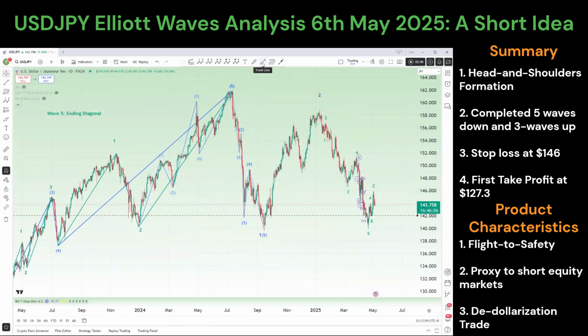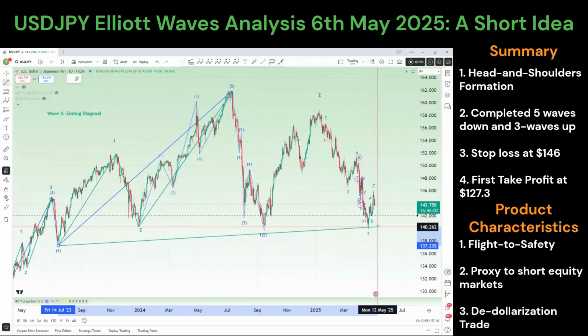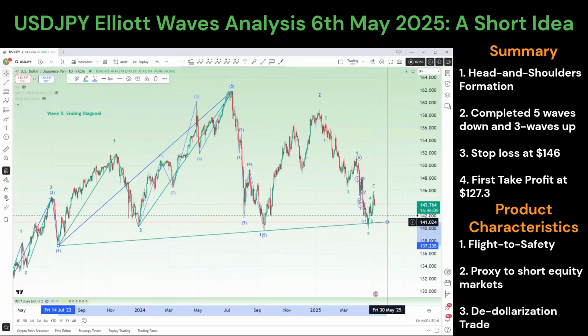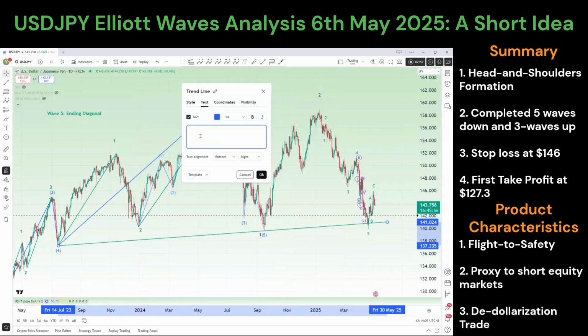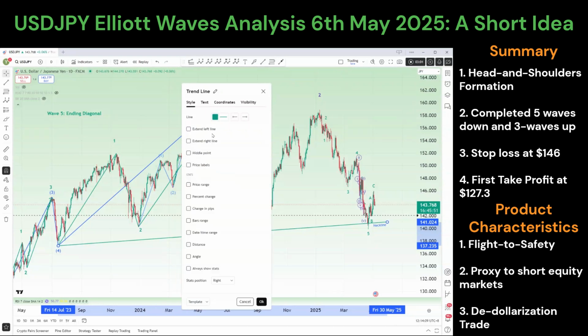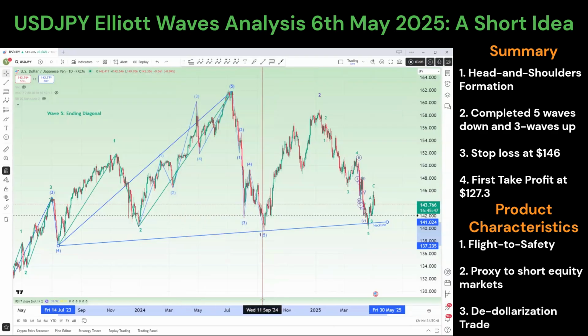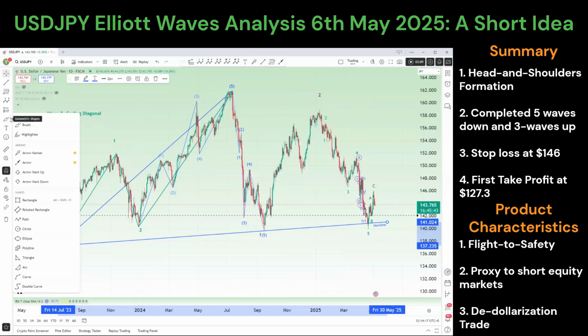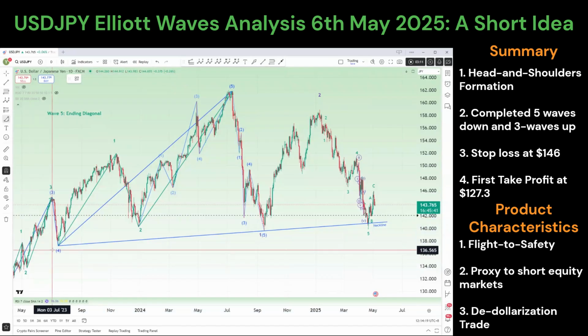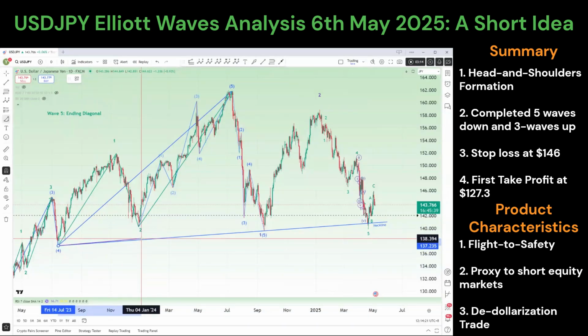So now I will do a live demonstration on these head and shoulders. If you see that I've drawn this line over here, this is actually the neckline. Let's be consistent with the colors. So this is the neckline, and then I will have to draw the head and shoulder itself. Over here to here, we have one.